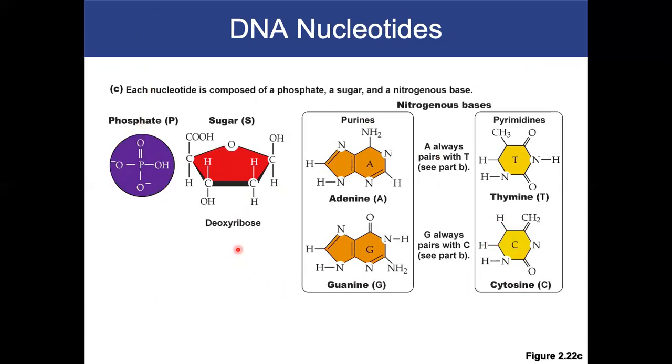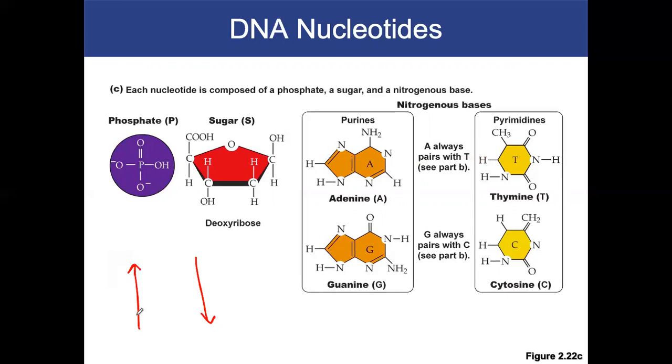And so the rule is that adenine always binds with thymine. If we're talking about DNA, DNA has one strand going in this direction and another strand going in this direction. This is your sugar phosphate backbone and sugar phosphate backbone.